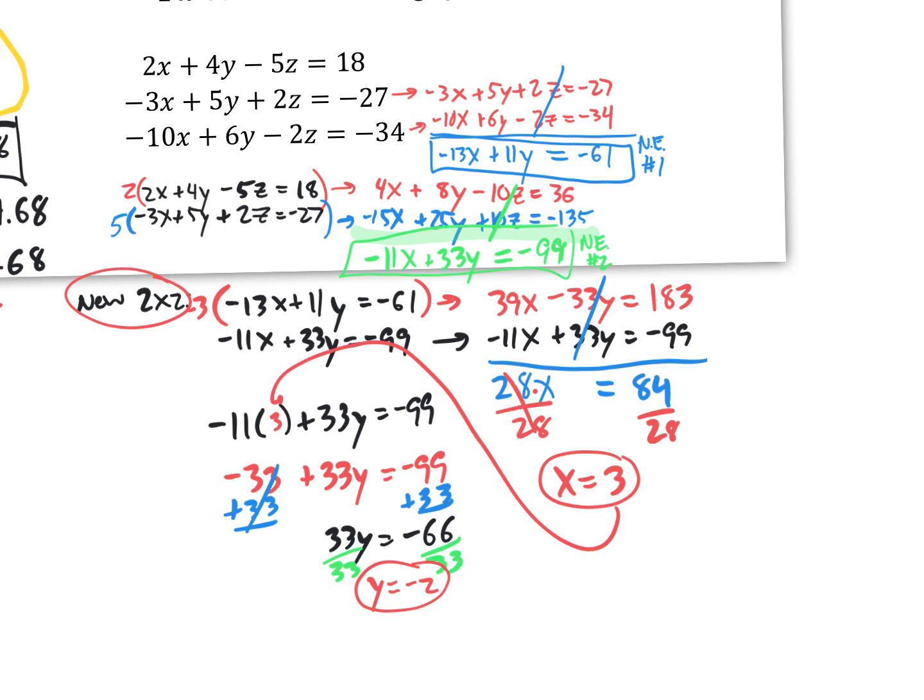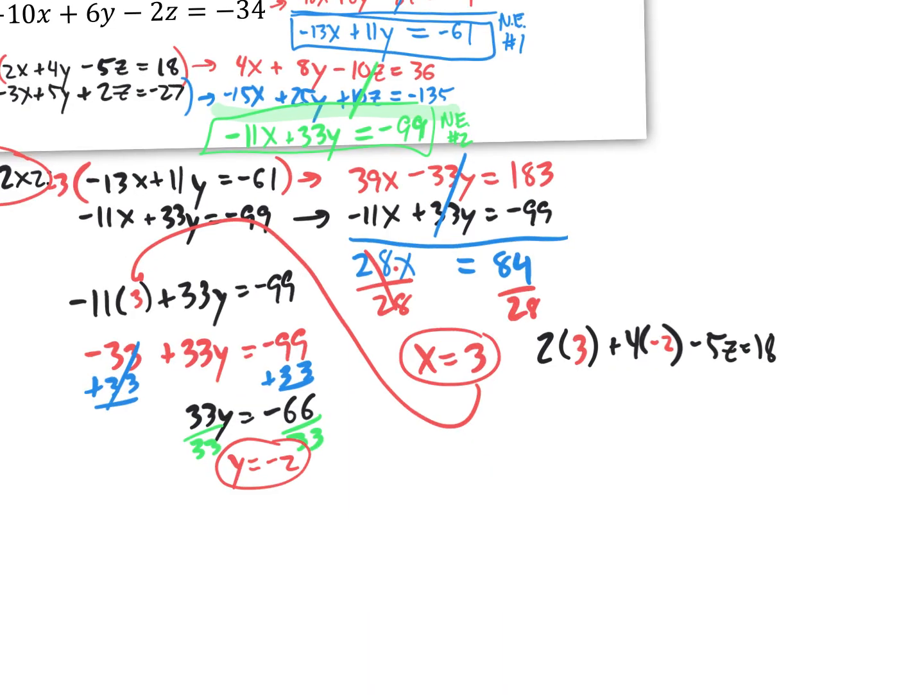Here it is, 2x plus 4y minus 5z equals 18. Okay, and we are plugging in the x value of 3 and the y value of negative 2. So we now get to focus in on this equation and solve it.